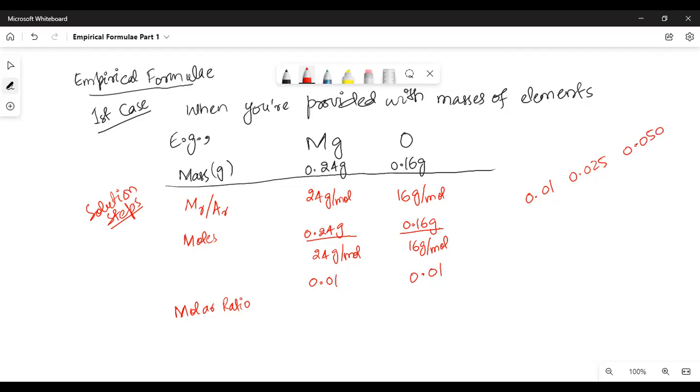What we do in ratio is that we try to divide all these numbers by the smallest possible number. Let's suppose in all these cases, the smallest possible number is 0.01. So you need to divide all these three numbers by 0.01, and this would give you a very good idea of what these numbers actually mean in molar ratio.